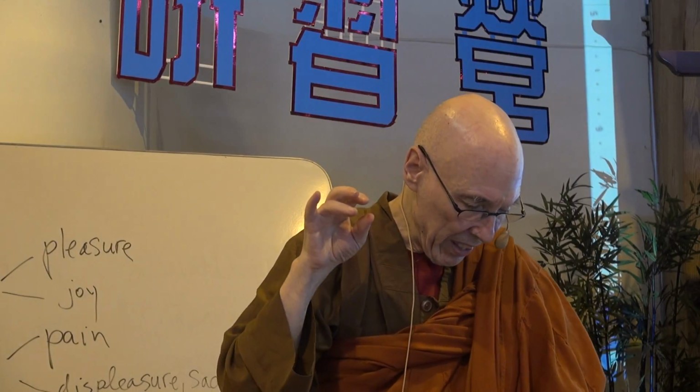First I'll read all of them, then I'll explain them. This is the faculty, I will know the unknown. I will know that which has not been known. Then the next is the faculty of final knowledge, or maybe better, the faculty that leads to final knowledge. And the third is the faculty of one who has final knowledge.